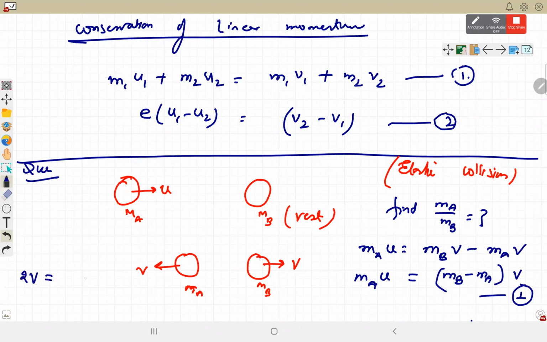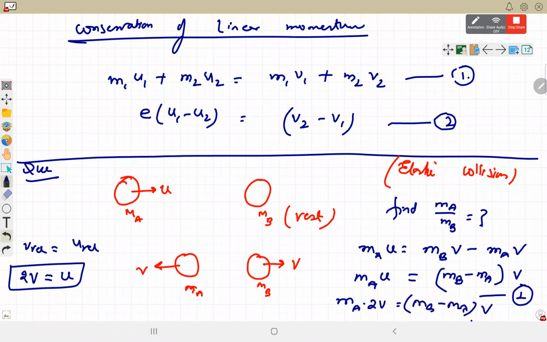Because it is going in the opposite direction, relative velocity of separation will be equal to relative velocity of approach: 2v is equal to u. So we can substitute u as 2v. ma times 2v is equal to mb minus ma times v, and then we get ma by mb as 1 by 3. So this was a simple question, but yes, it has come in a previous year, so that's why I took it.